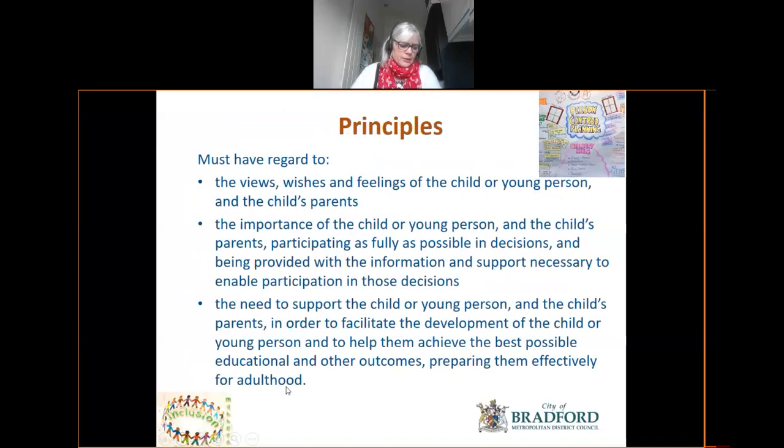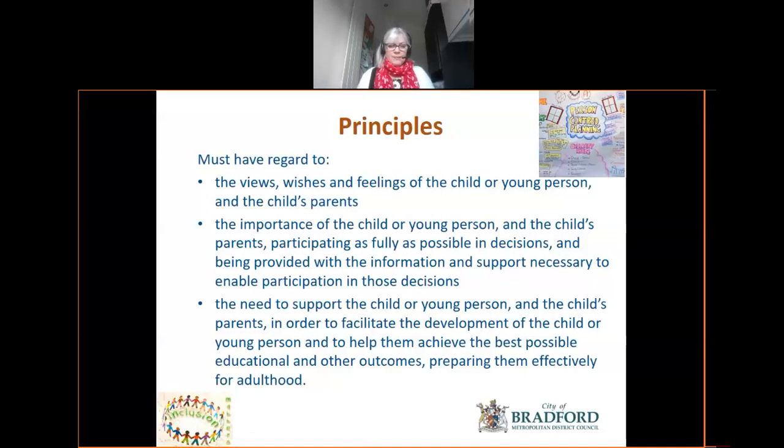The Code of Practice is based on several principles. These are that there must be due regard given to the views, wishes and feelings of the child or young person and the child's parents. The participation of the child and young person and families is also seen as important.